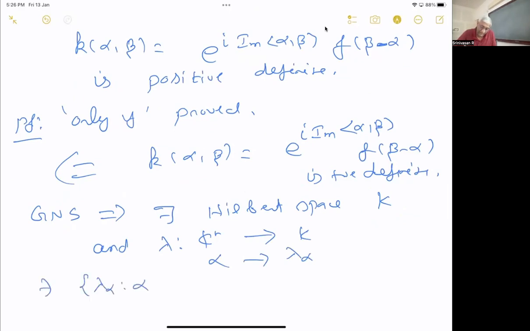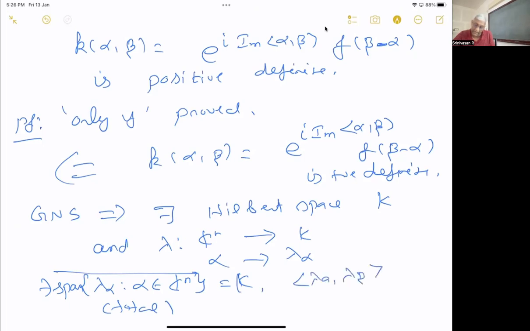Lambda alpha in Cn is total, that is, the span closure equals K. This is what is called the totality condition. And further, the inner product of lambda alpha and lambda beta is evaluated by the k function, which is e power i imaginary part of alpha beta, f of beta minus alpha.